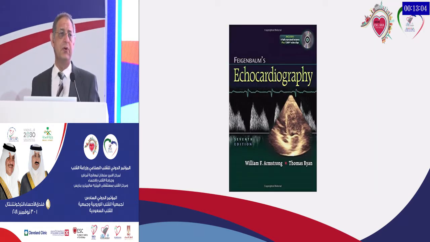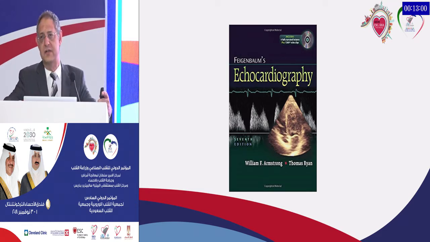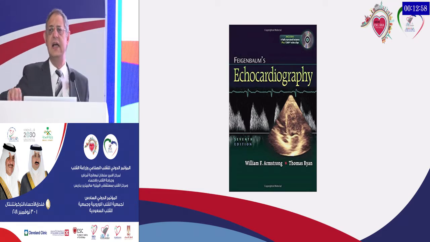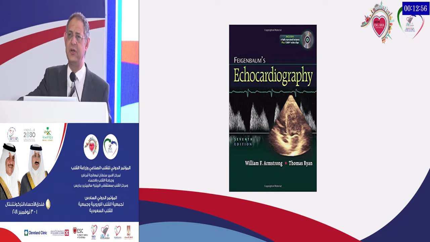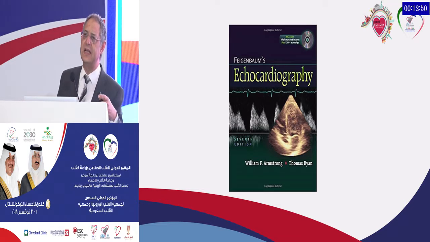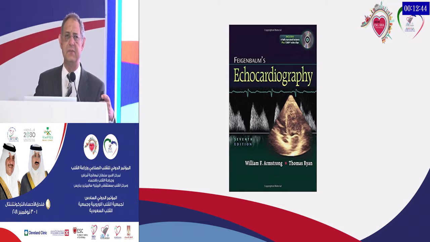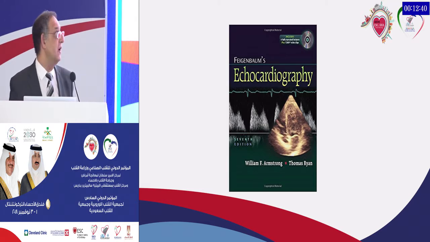If you read a book like Weigenbaum, a famous textbook of echocardiography, you will find 100 pages talking about the LV function, how to evaluate, how to estimate, and the different methods of calculation, and it becomes everyday practice well known to all of us.